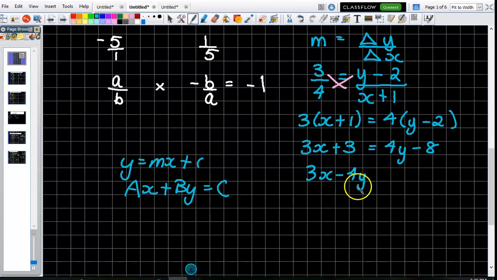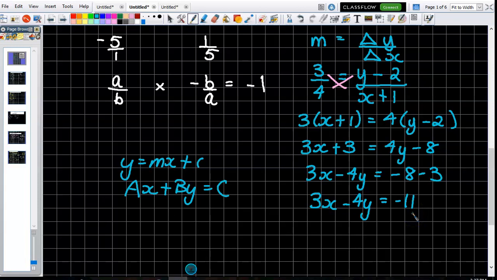Take 4y. The minus 8 stays where it is. How do I get rid of the plus 3? Take 3. So I get minus 11. Do I need to write minus 8 take 3? I'll write it, and if you don't want to write that line, you leave it out. I just see some of your faces, and we're done.